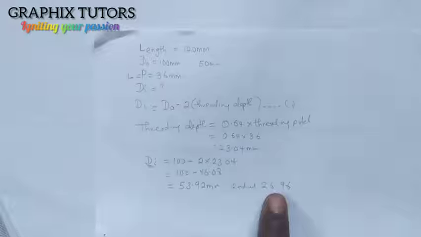Now the radius for the internal diameter, as we calculated earlier, is 26.96, which is approximately 27. So on my meter rule, I'm going to measure 26.96.